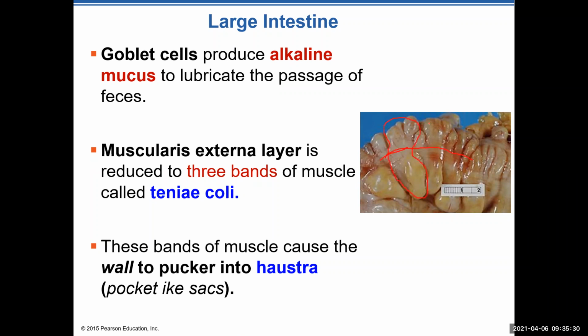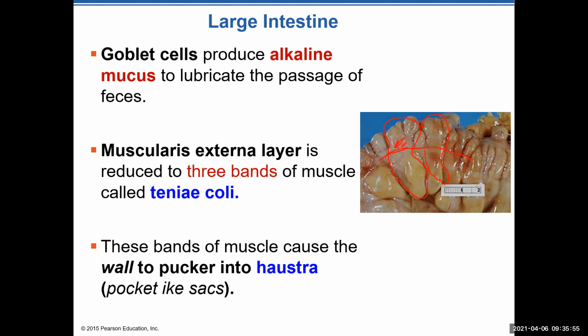Look at this, right? And this puckered appearance is very, very important for the large intestines because it results in the formation of pockets. The waste products have to be stored for some time in the large intestines, so these pockets are very, very important, right?